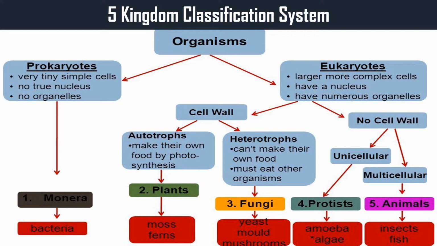All these observations eventually led us to the development of a classification scheme that divided organisms into five kingdoms. So the five kingdoms are Kingdom Monera, Kingdom Plantae, Kingdom Fungi, Protista, and Animalia, or we can say the kingdom with animals.